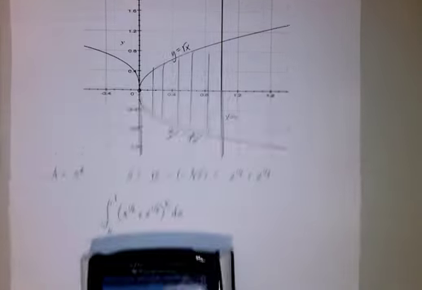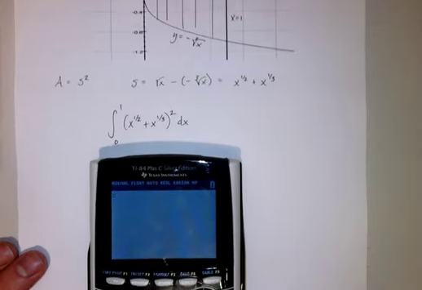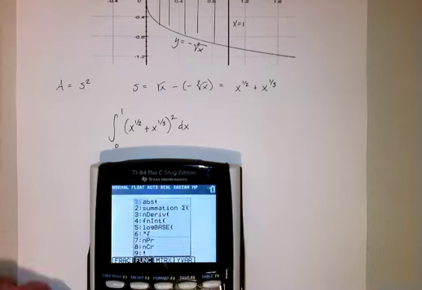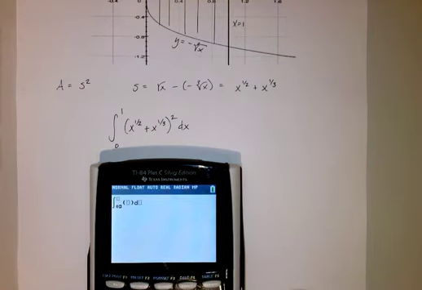Now let's go ahead and use our calculator again to figure out what that particular integral is. 0 to 1, parenthesis, we have the square root of x plus, now the cube root is here under math. If you press the math button, which is just under your alpha button, you have the cube root right here at number 4.